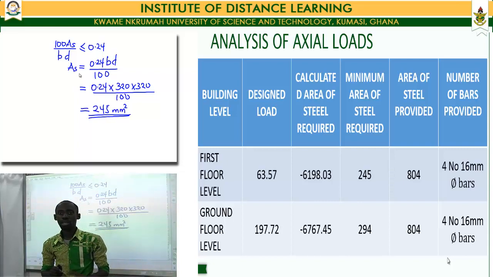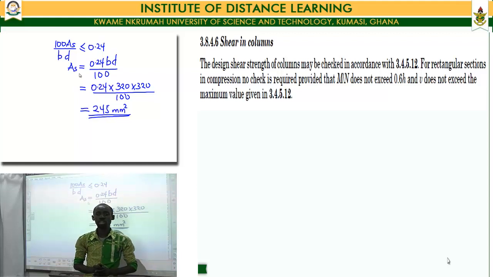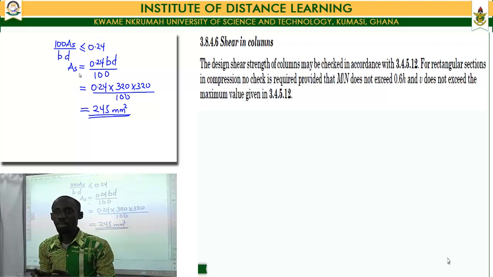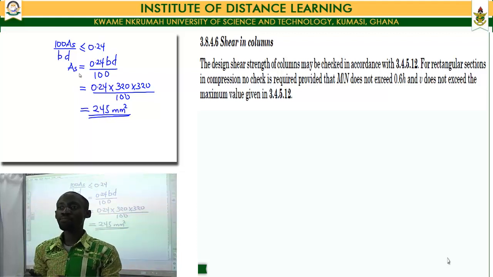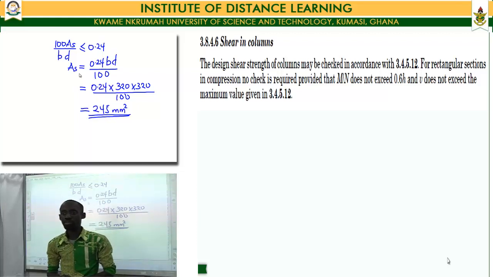Now, having finished with our axial loads analysis, we now move on and check for shear in our column. Now, this is the provision of the BS code for shear in our column. It says that the design shear strength of a column may be checked in accordance with section 3.4.5.12. That was the section that we used in checking our shear reinforcement for our concrete beams.